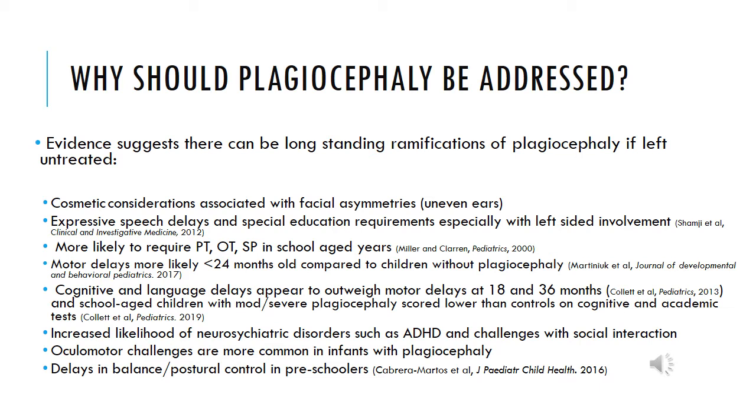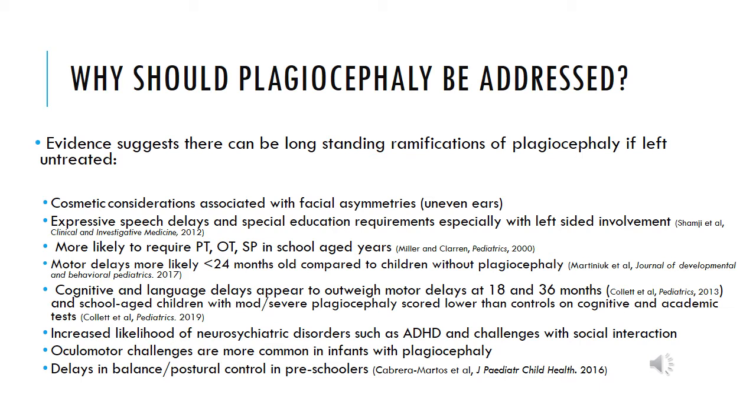From a motor perspective, evidence has demonstrated that there will be motor delays when the child is younger, so between that 2-year-old and 4-year-old age range, as compared to children without plagiocephaly. So not developing as expected and having delays in balance and postural control in that younger toddler preschool age population.